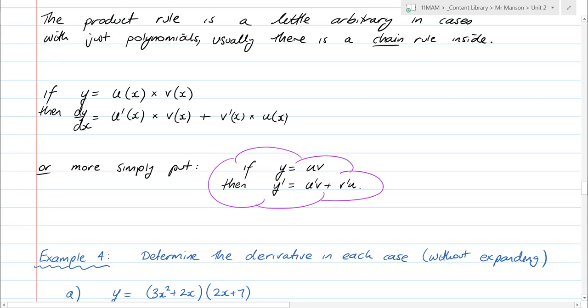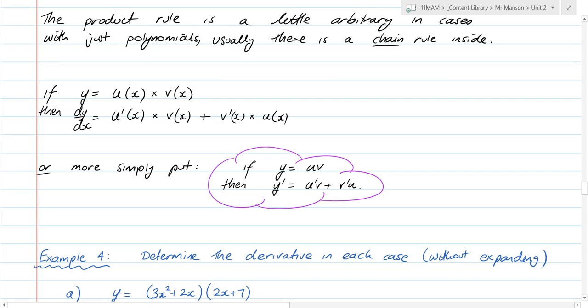And I can't remember what's on the formula sheet again, but we can have a look in a second, or maybe Reggie can have a look for me. So if we have a product rule question, the function is equal to some function u times another function v. And the derivative is equal to u dash x times v, plus v dash x times u.